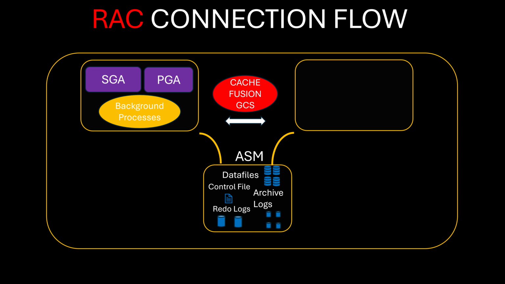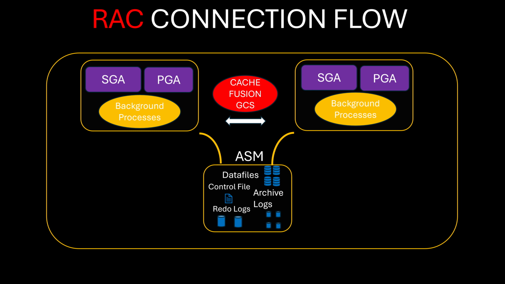LMS transfers that CR copy through the interconnect. This is where undo, read consistency, and cache fusion all come together. Without undo, there would be no CR blocks. Without CR blocks, there would be no consistent reads across RAC. And this ability to move blocks between memory structures while maintaining consistency is the real beauty of RAC.